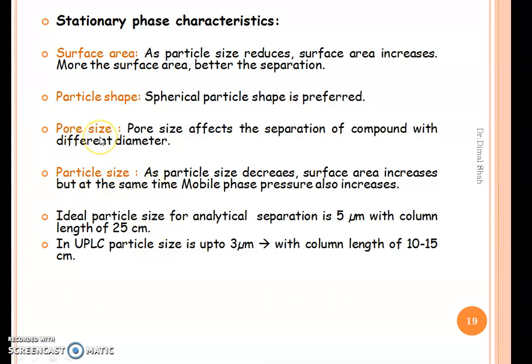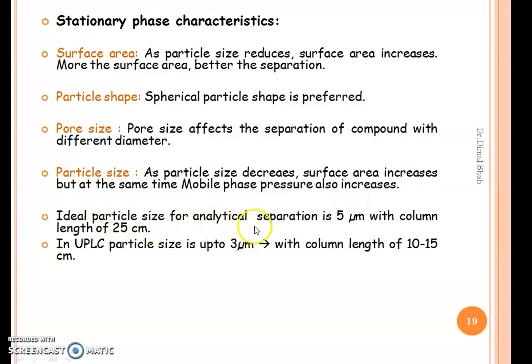Pore size: pore size affects the separation of compounds with different diameters. Particle size: as already discussed, as the particle size decreases, surface area increases, which is the preferred condition, but at the same time the mobile phase pressure also increases.